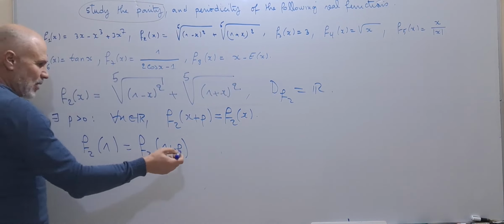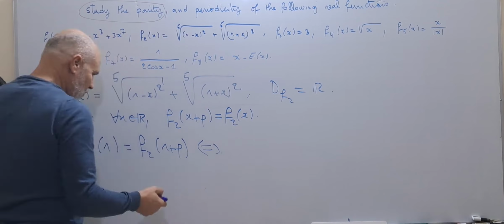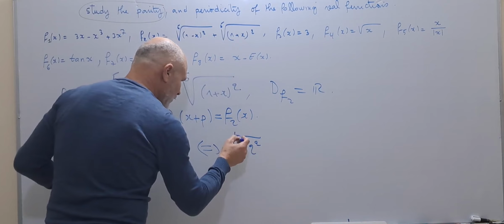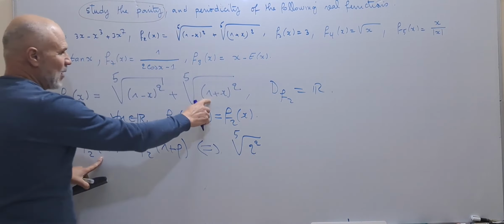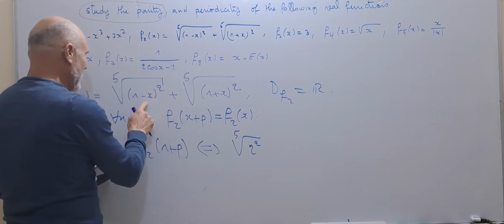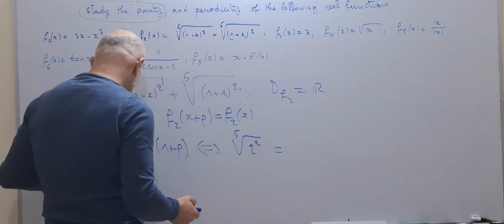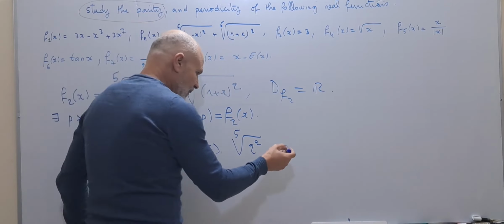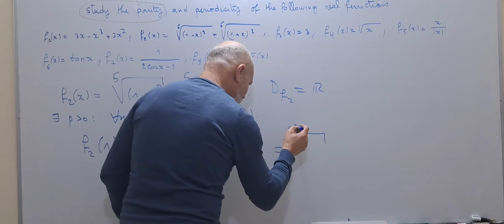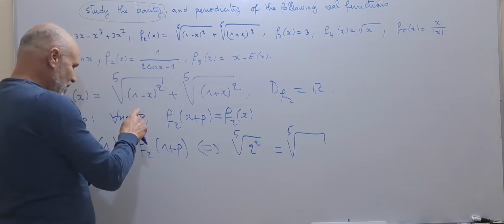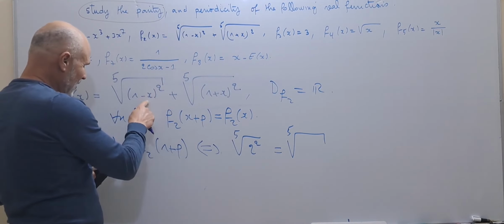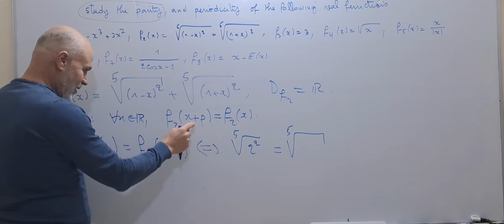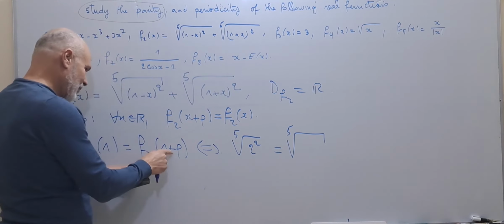And this equation is transformed to f2 of 1. This means the square root of 2 squared, the fifth, we have 1 plus 1 squared for the fifth, and here we have 0. This is equal to the fifth root of 1 minus p minus x, 1 minus 1, 1 plus p.